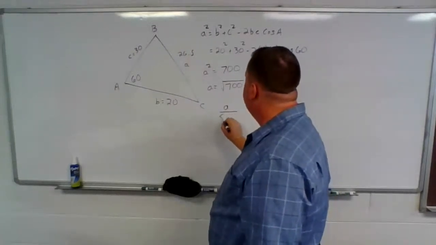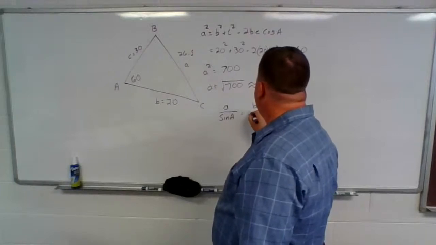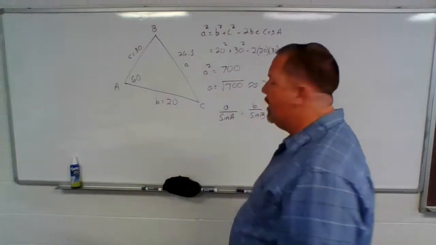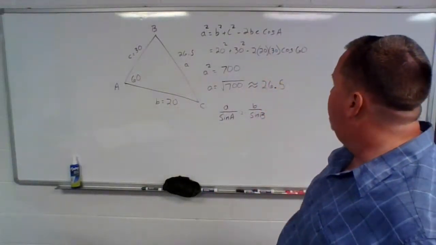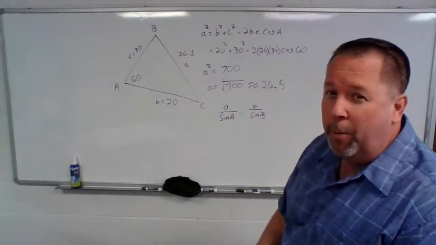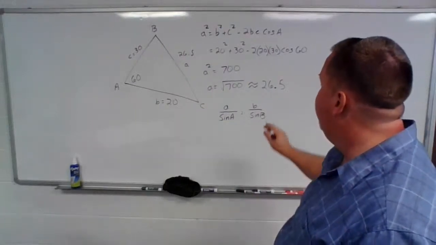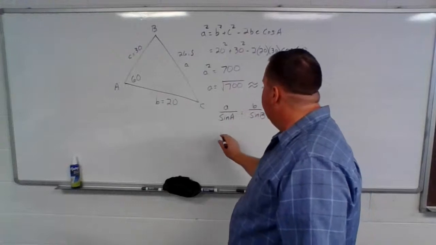A over sine A equals B over sine B. And I'll tell you what, I'm going to do the algebra and rearrange this before I put in numbers. Hope you remember that upstairs, downstairs rule. I'm solving at this point for sine of B. That's got to go upstairs.